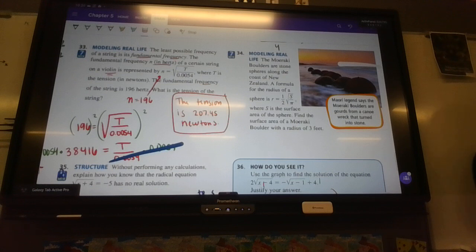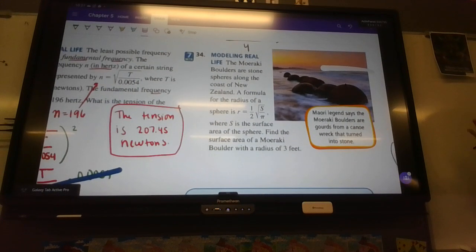Pi r squared, pi radius squared. All of your functions that you know that have something squared, they have another equation square rooted that's related to it. So pi r squared is the area of a circle. This is the formula for surface area of a sphere. And so area is squared, the surface area is square rooted. Those are balancing each other.